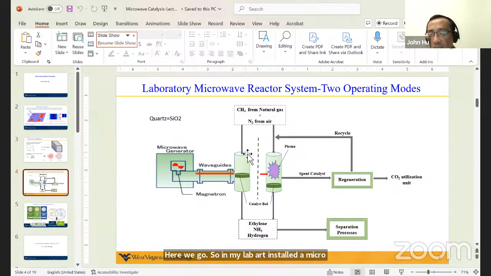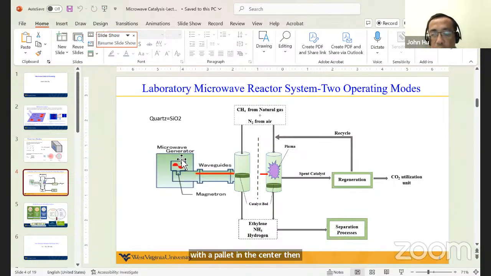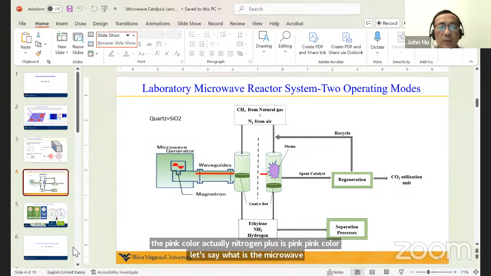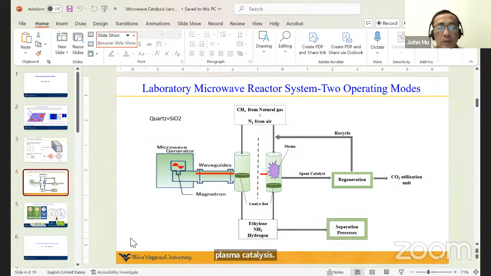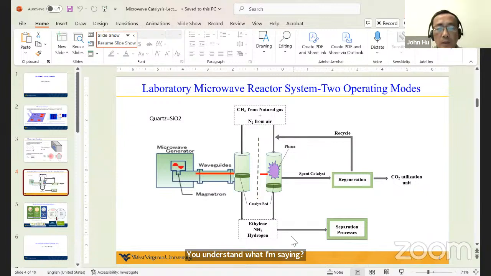They see basically an empty tube with a catalyst in the center. Then I start increasing the power, and they can see the pink color. Actually, nitrogen plasma is pink. Then they say, well, this is microwave plasma catalysis. You understand what I'm saying? Yes, sir, I understand.